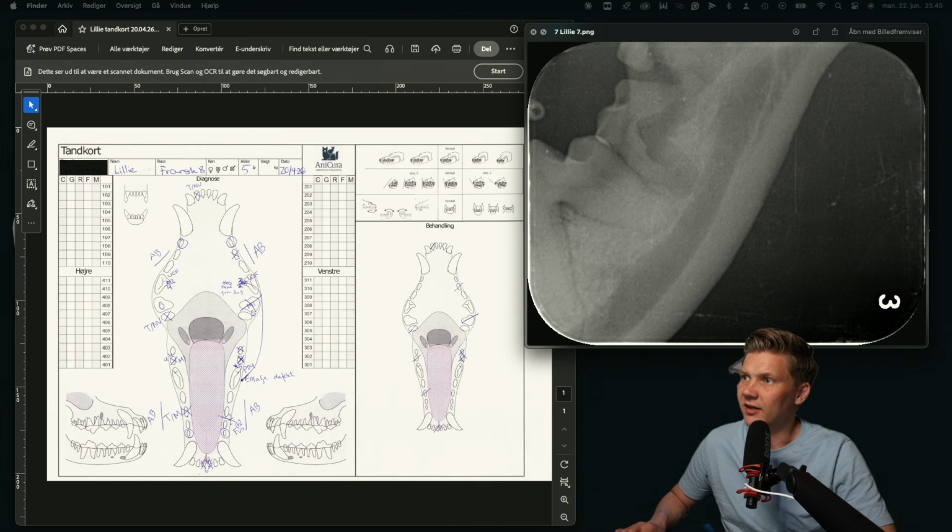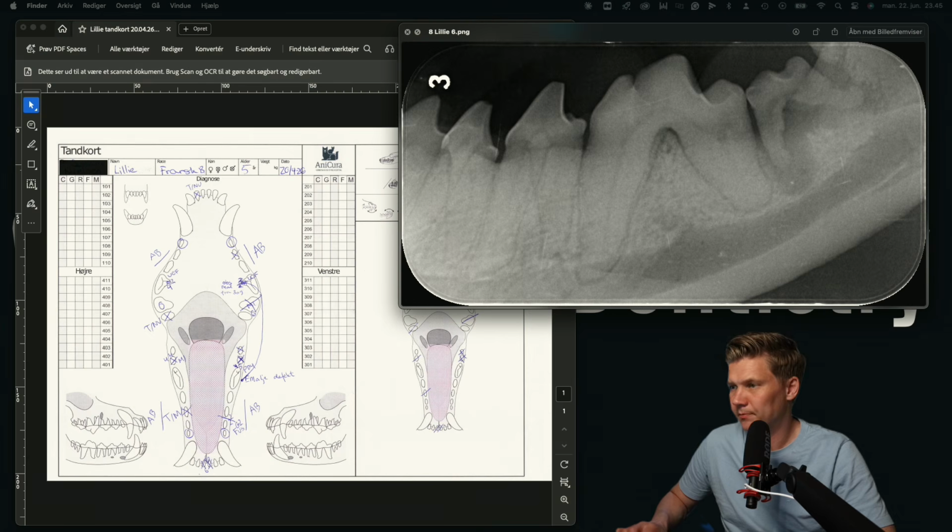But we look at the tooth right here, 309, and we don't see any periapical pathology. We don't see any bone loss, so we can leave this tooth. But the two others need to be extracted.